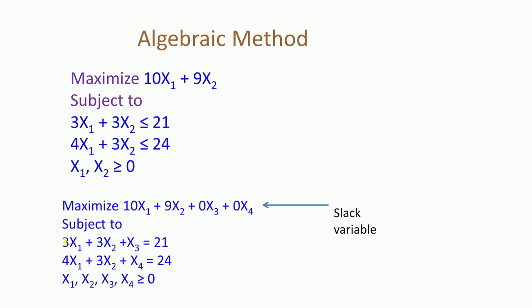which is what we have shown here. We have written 3x1 plus 3x2 plus x3 equal to 21.